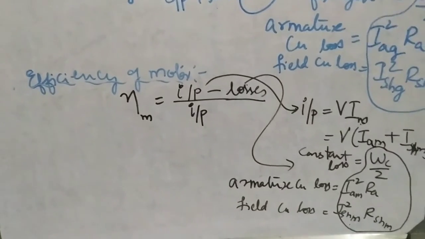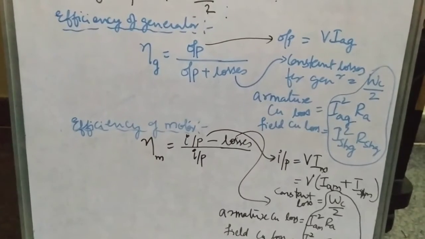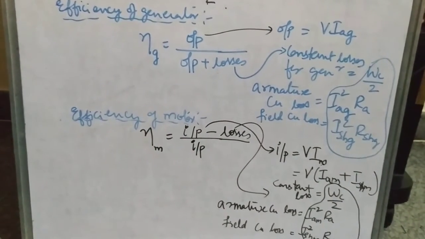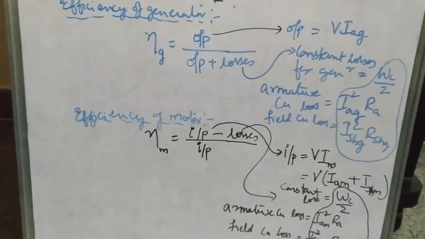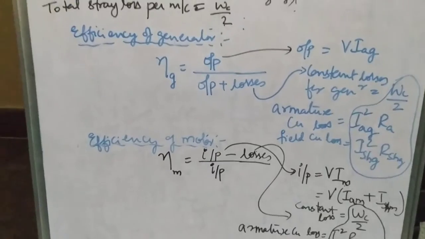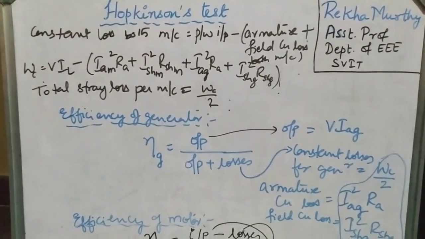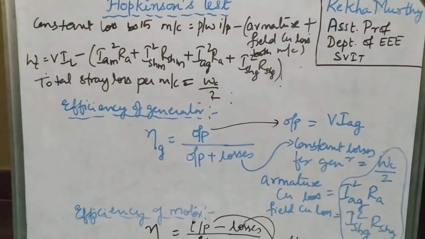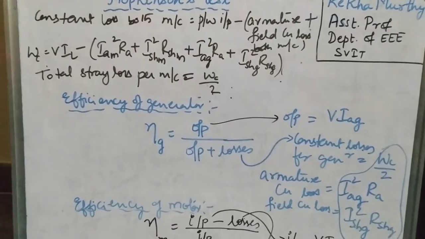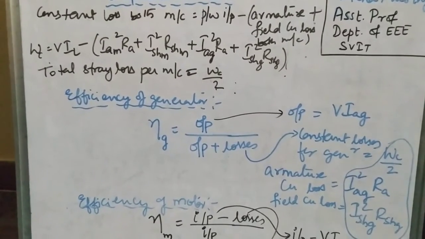So this is how we calculate the efficiency using the Hopkinson's test. These are very simple steps we carried out. Again we have to bring out the advantages and disadvantages. The main advantage is that this method is very economical, and the temperature rise and commutation conditions can be checked under rated load conditions.